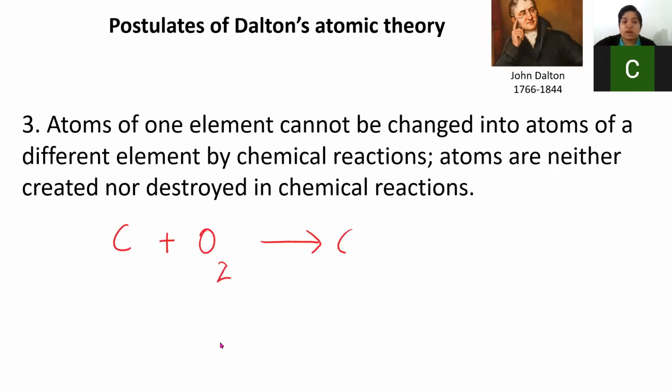So that means when we do a chemical reaction, let's say we are starting with carbon and oxygen. These are our reactants. So we start with these reactants, and on the other side of the equation, we have products.